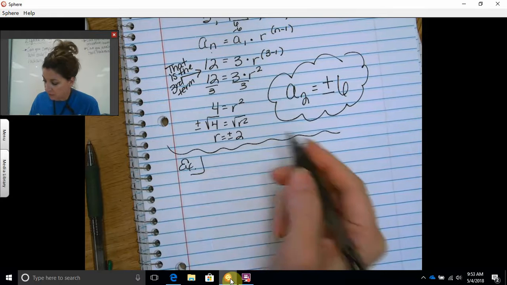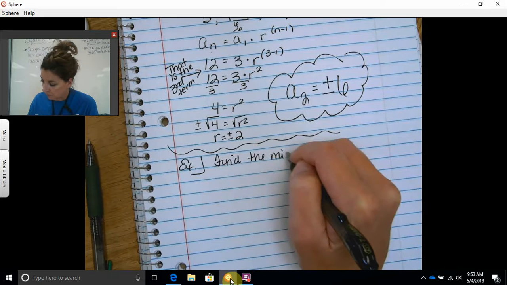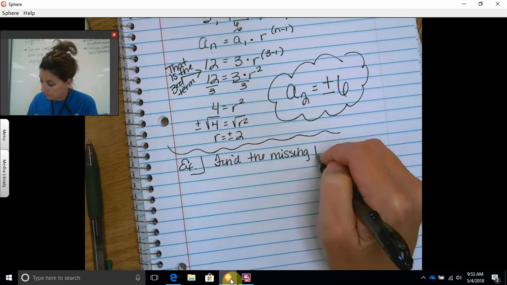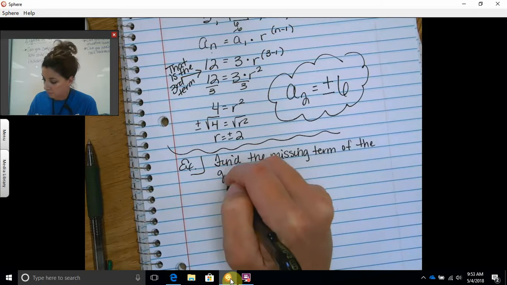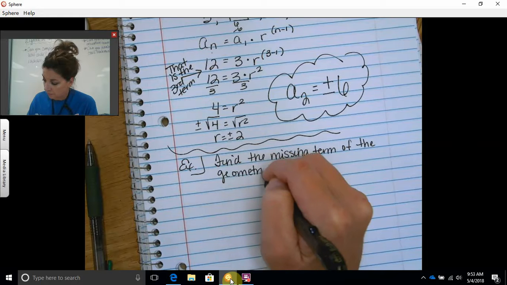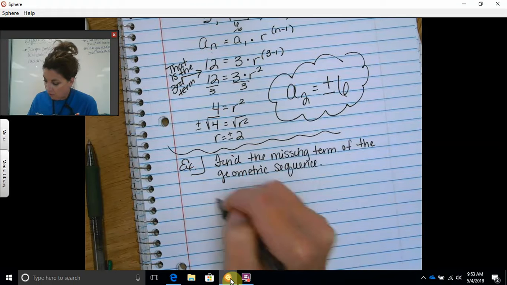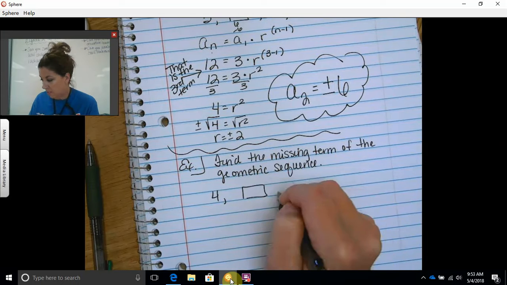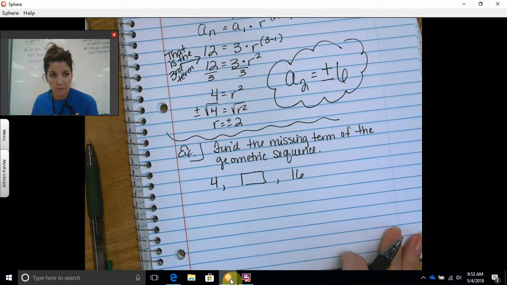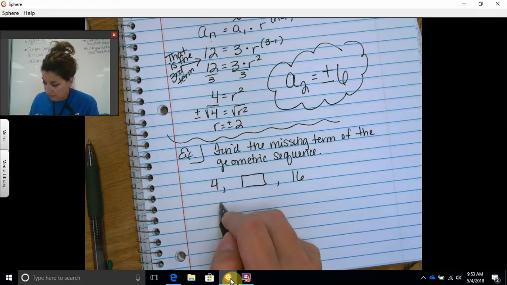Find the missing term of the geometric sequence. We have 4, comma, missing term, comma, 16. I don't know what the common ratio is. I need to find it.